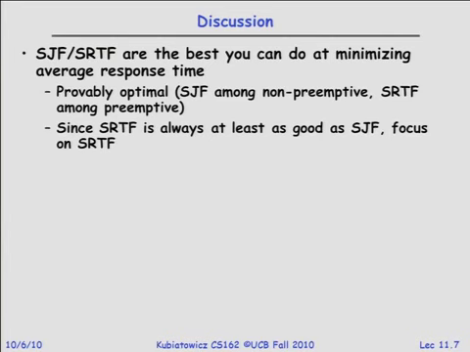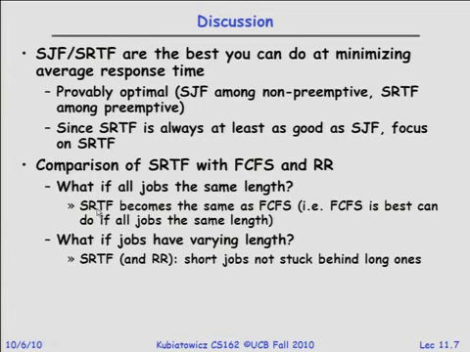And let's compare SRTF with first come first serve and round robin. So if all the jobs are the same length, what happens? Well, SRTF just degenerates into first come first serve. Why? If all the jobs are the same length, there's no sorting them. You start running a job, oops, it's now shorter than all the other jobs, so it'll run to completion. Then you take the next one and so on.